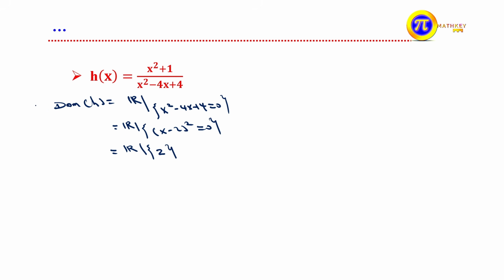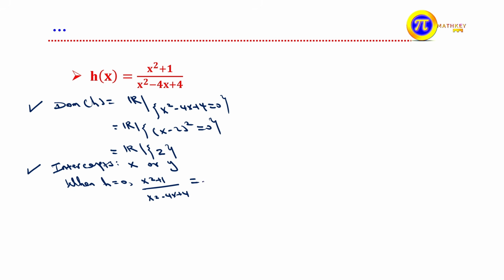After determining the domain, we try to find the intercepts, that means either x or y intercepts. When you try to find the x intercept, make h equal to 0. Then (x squared plus 1) over (x squared minus 4x plus 4) is equal to 0.